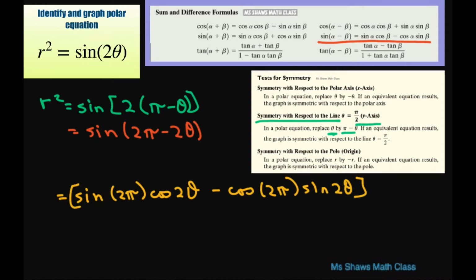Doing this, we know sine of 2 pi is 0, and cosine of 2 pi is going to be 1. So what we're going to get is r squared equals negative sine of 2 theta. So this test fails as well. It's not going to be symmetric to our line, or our y-axis.